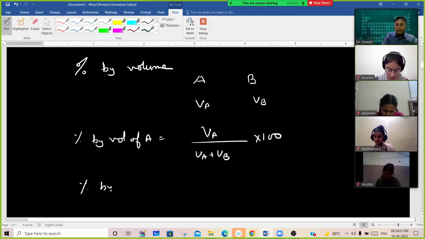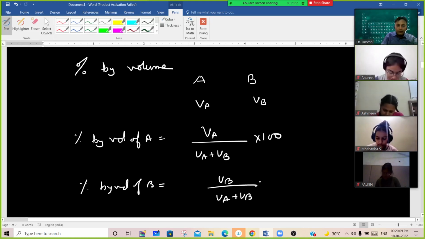So percentage by volume of B will be equal to VB upon total volume multiplied by 100. Understood?